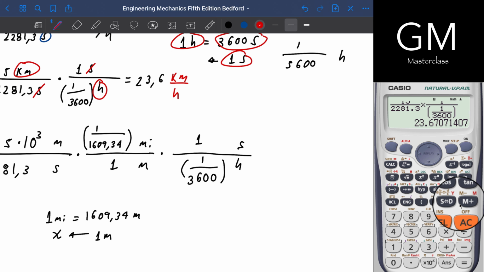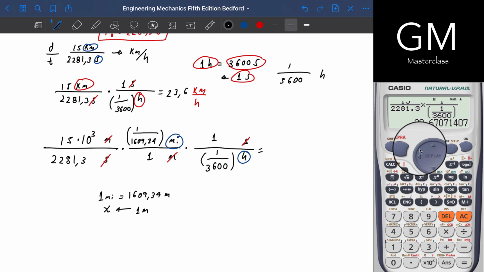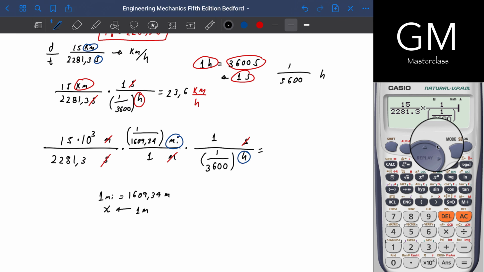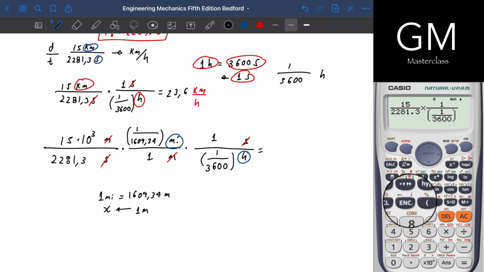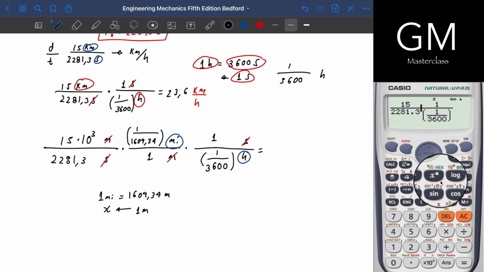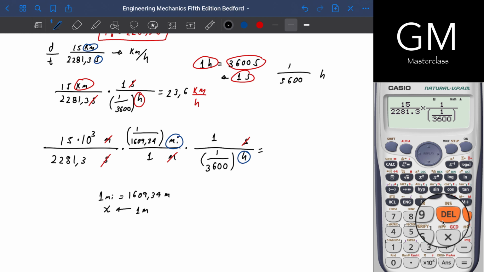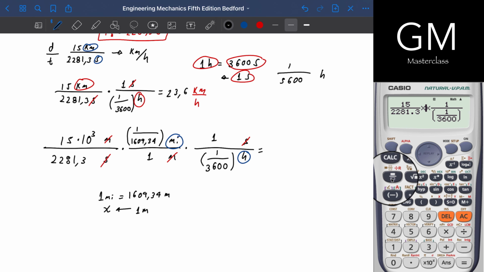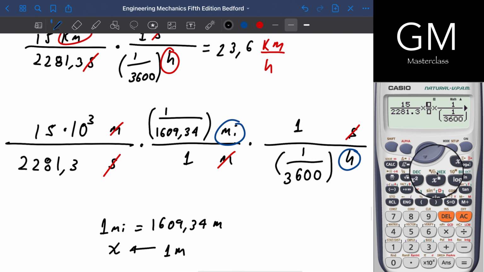And I'm going to eliminate seconds with seconds, meters with meters, and the result will be in miles per hour. So I already have the part in which we transform the time. So I'm going to add just the part in which we eliminate the meters.